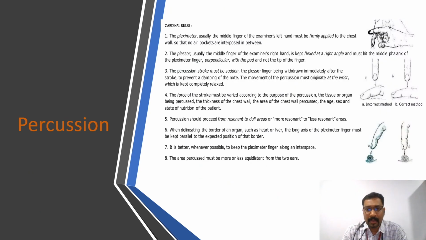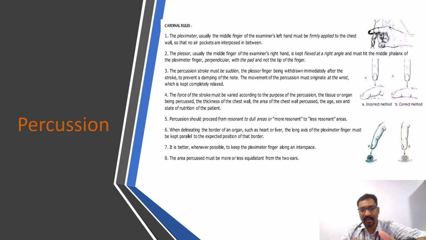Before we go into the percussion findings of a patient with a pleural effusion or pneumothorax, let's look at the cardinal rules of percussion. For a right-handed individual, the pleximeter finger is the left middle finger, which is firmly applied to the chest. The firm factor is important because you should avoid air pockets between the finger and the chest wall.